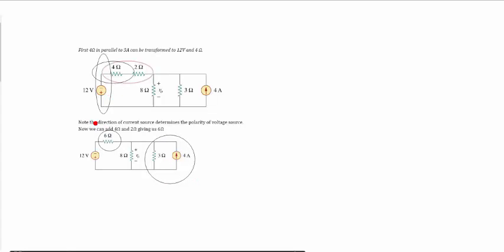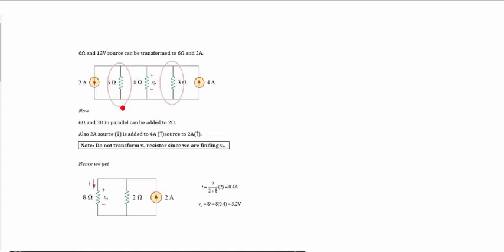Once you have done this calculation, you can make this side parallel as well, current and resistor, so that you can add these two resistors. It will make this circuit more simple.